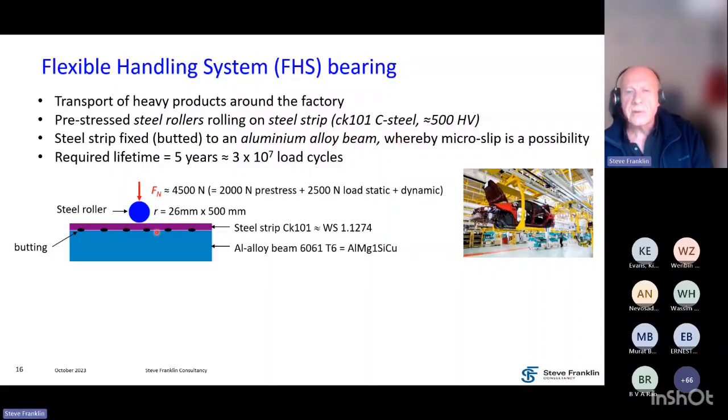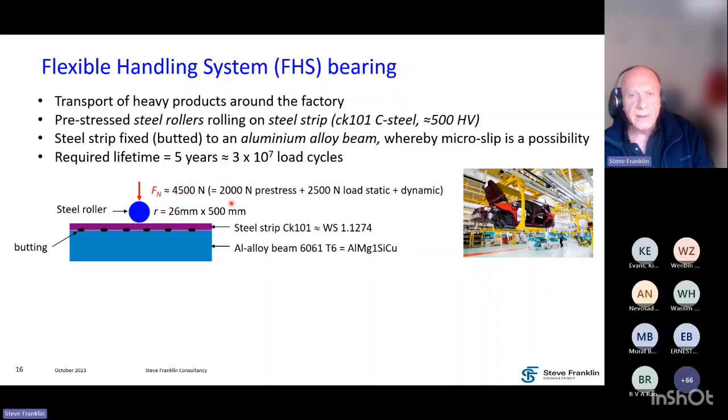And because this is not fixed completely, but just hammered in certain places, butted in certain places, that means that some small amount of slip is a possibility between the steel strip and the aluminium alloy beam.